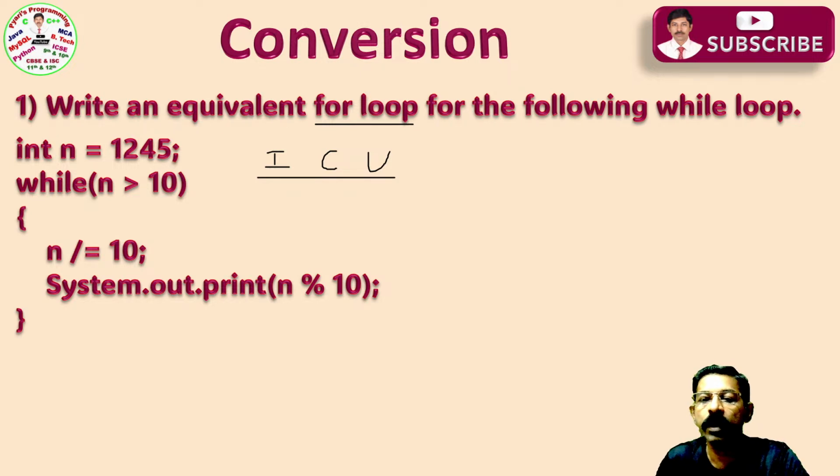Yes, who has given? Ayushman Sahu gave first. I think Ayushman Sahu from 9th. Just give me your confirmation. For int n equal to 1245, n greater than 10. Okay, then curly bracket begin, n by 10, then print n modulo 10.